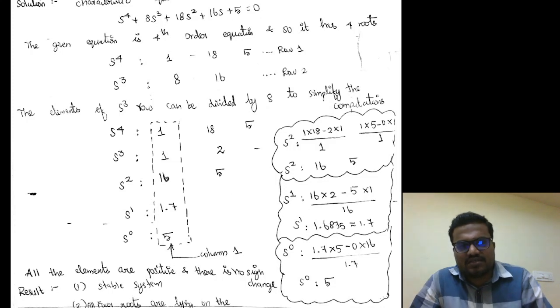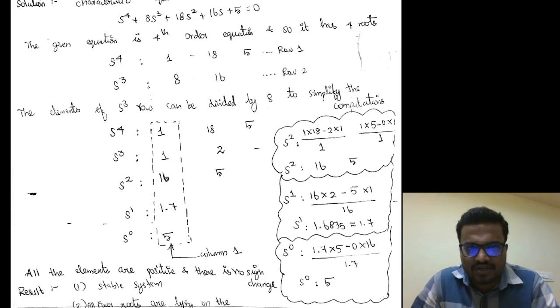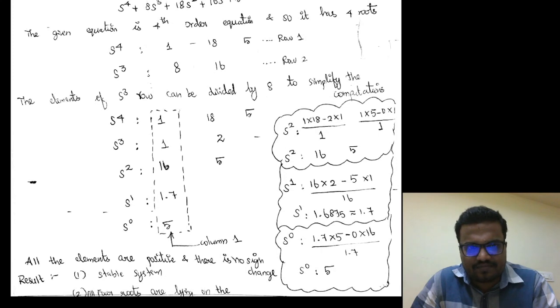All the values are positive. If the values are positive, the system is considered a stable one, because there are no sign changes and the values are positive only. So the roots lie in the right half of the s plane.